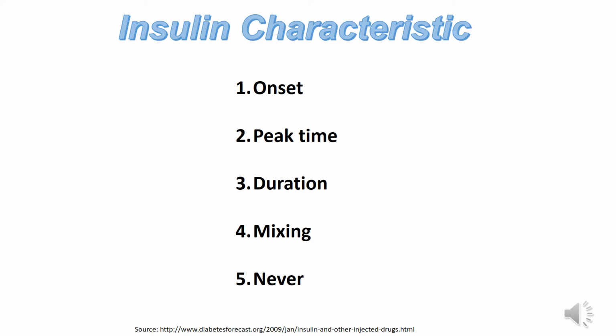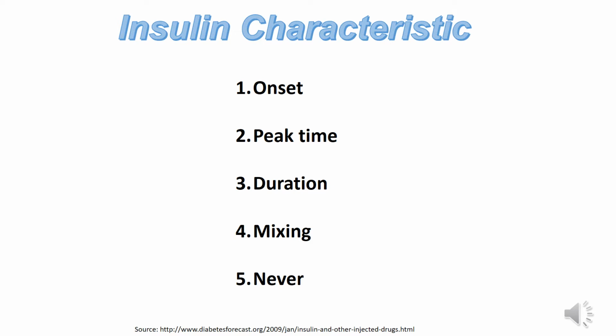When we're talking about insulin, usually we hear several characteristics that are specific to insulin. One can hear nurses talking about onset, and onset is the length of time before the insulin reaches the bloodstream and begins lowering the blood glucose.